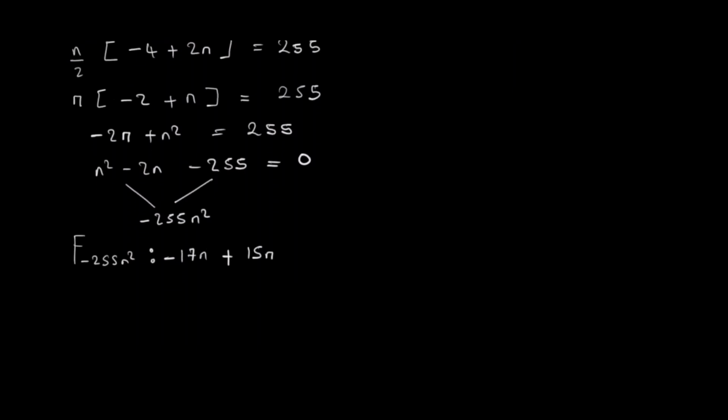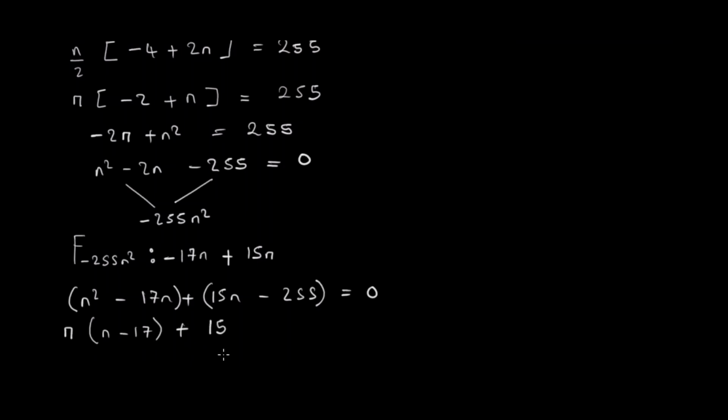Okay. Saka panapa tinoita kuti n squared minus 17n plus 15n minus 255 is equal to 0. Tobata group. To factor out n, tosara na n minus 17. Toti plus, tika factor out 15 tosara na n minus 17.